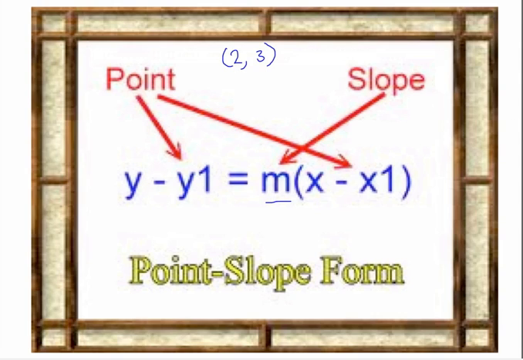Let's take a look at where it comes from. If you start with the slope formula, this is the slope formula, and we can multiply both sides of the equation by x2 minus x1, because that's what's in the denominator here.